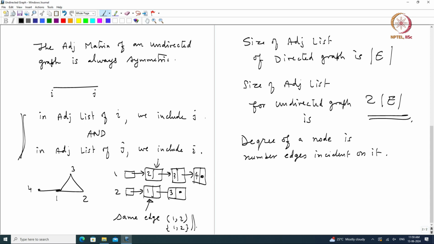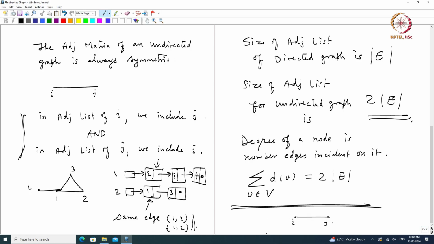That is the reason why the sum of degree of v over v belonging to V is twice the number of edges, because each edge is counted once in the degree of i, and again in the degree of j.